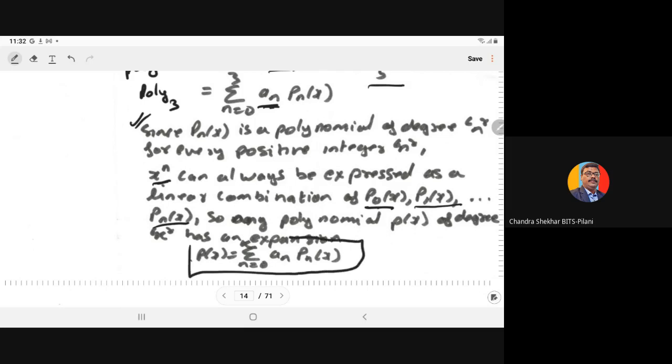Means any degree polynomial can be expanded as linear combination of the Legendre polynomial of order 0, 1, 2, up to n. So this is a very important formula from the examination point of view. In general, we ask this in the exam. We give any polynomial, you have to express that in terms of the Legendre polynomial.